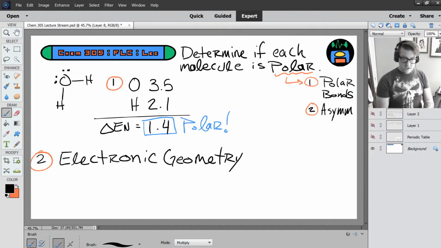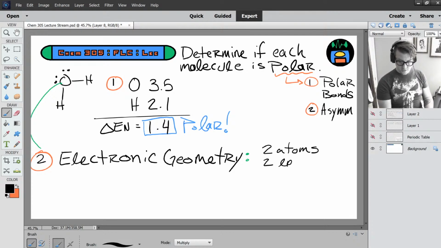All right. If you look at the electronic geometry for oxygen, let's look at our electron groups. We have 2 atoms, 2 lone pairs. So we have 4 electron groups. All right?